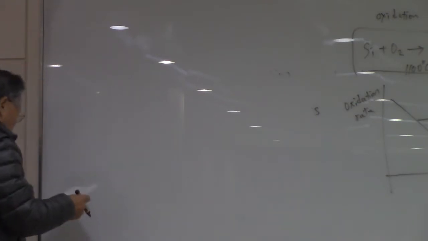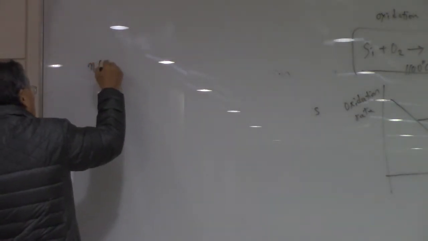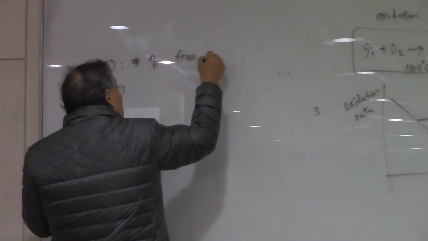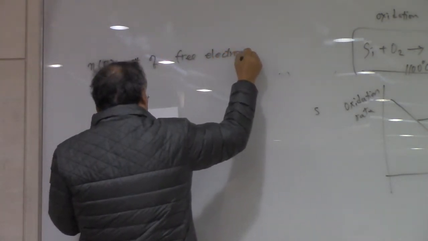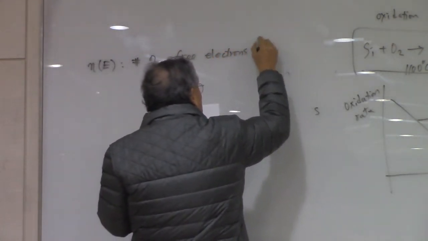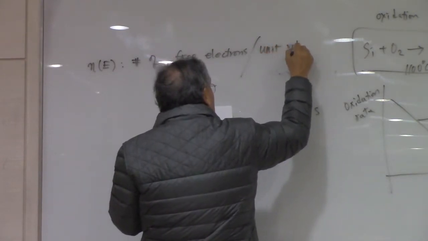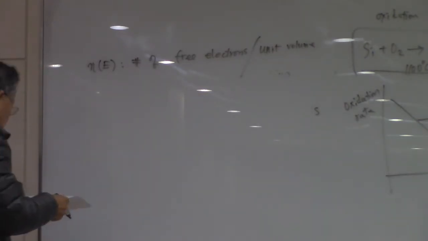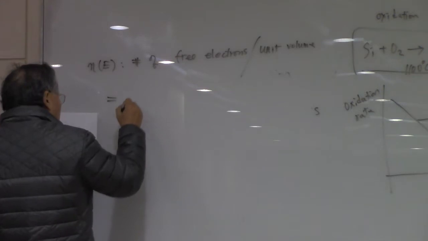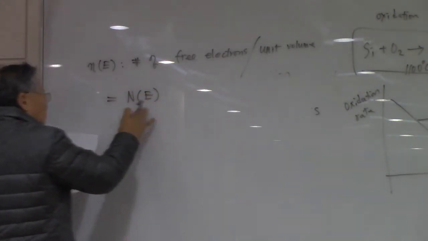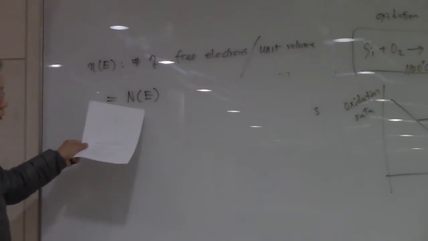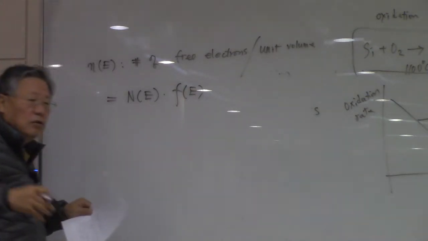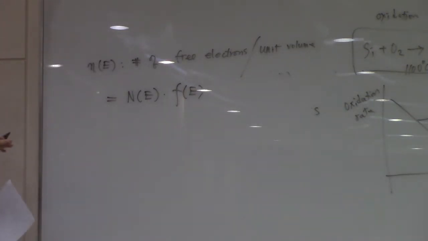In order to get that, say N_E is the number of free electrons per unit volume with energy E. This is going to be the available energy states corresponding to that specific energy, times the probability of electrons occupying that energy state.